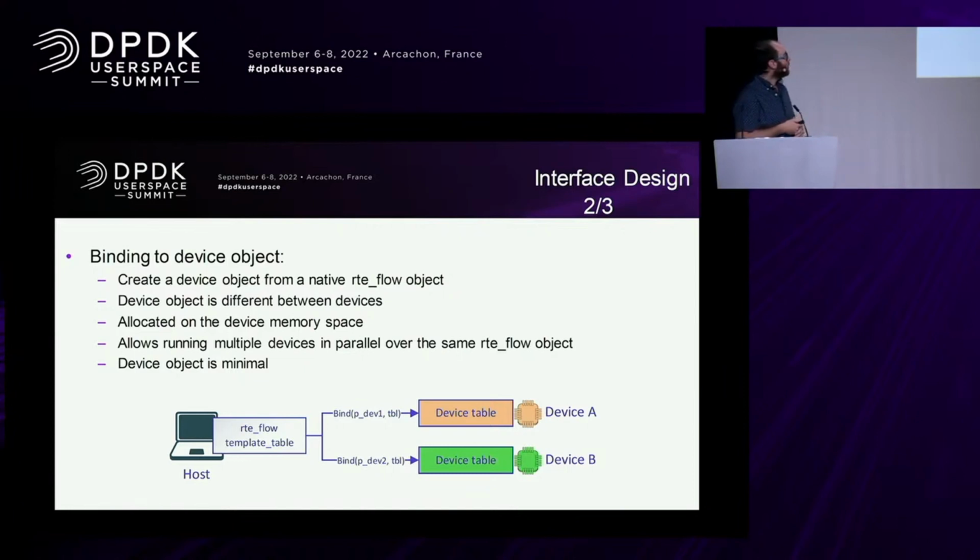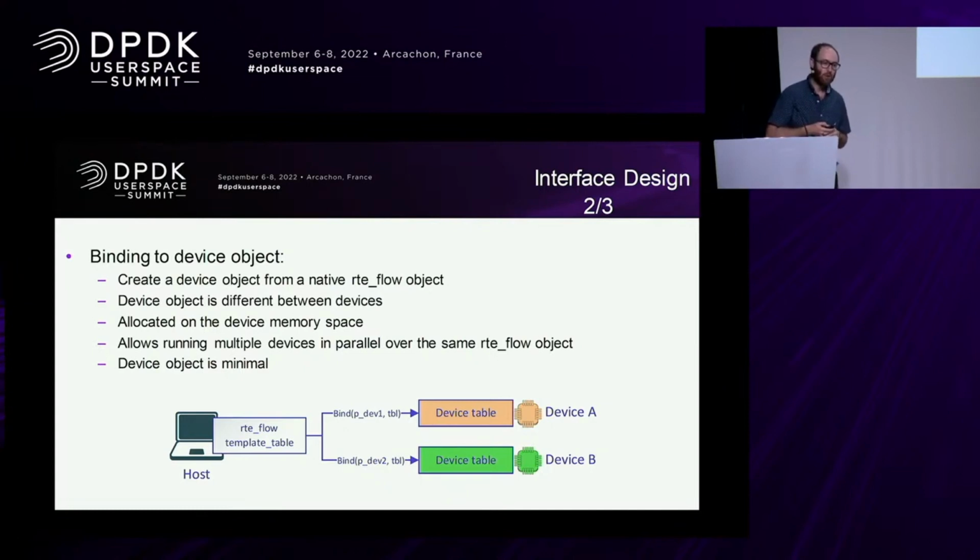So what you can do is bind your table to a non-native, cross-compiled device table. This device table resides on the device itself. And you can also take the same RT flow table and bind it to another device. So the device object is different between devices. Internally, it is the same, but it is allocated on a different memory address space.